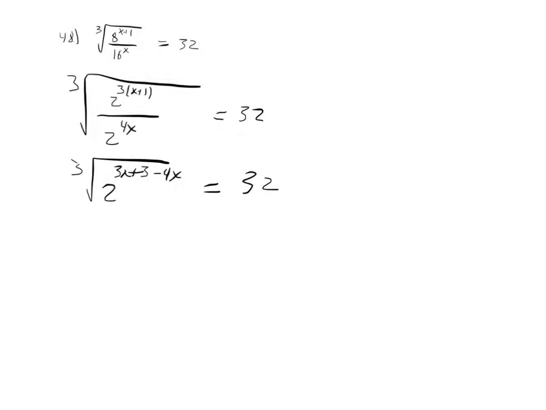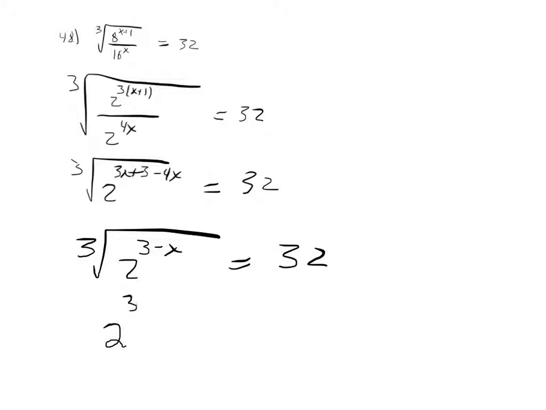And then I'm looking at the cube root of, let's see, that would be 3x minus 4x is negative x, 2 to the 3 minus x equals 32. Now go ahead and cube both sides, and I'm looking at that 32, which is 2 to the 5th, so then I'm looking at 2 to the 3 minus x, and if I cube both sides, that's 2 to the 5th cubed.